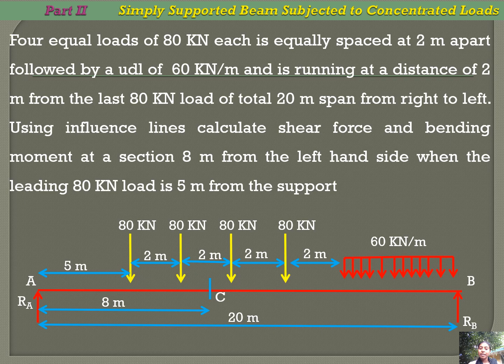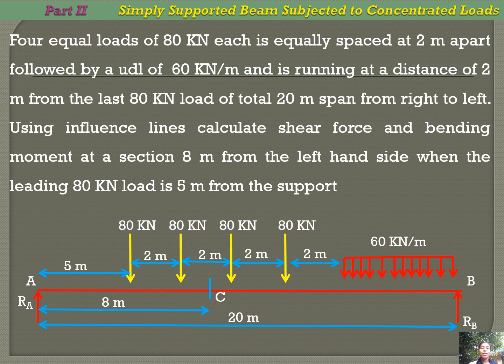For the first 80 kN it is 5, 5 plus 2 is 7, 7 plus 2 is 9, 9 plus 2 is 11, 11 plus 2 is 13. The total length of the span is 20. Therefore, the length of the UDL will be 20 minus 13, 7 meter.